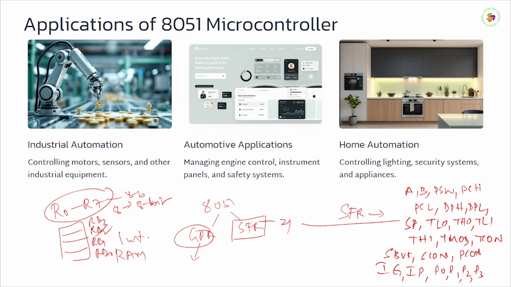All these 21 special function registers each control their own operations: serial communication, timer control, interrupt control, program control, all these things.